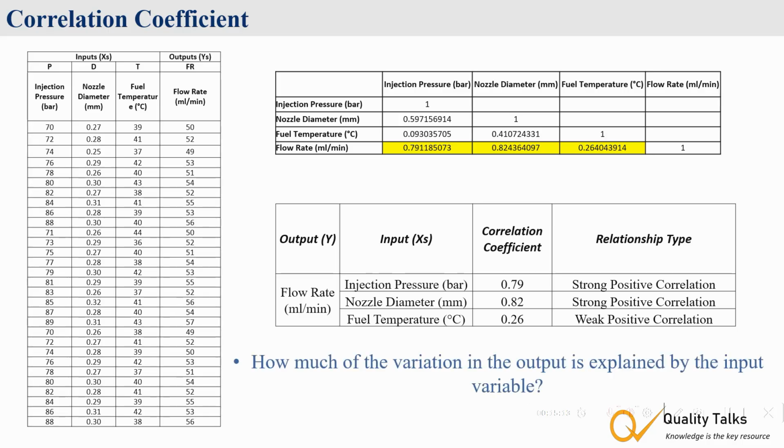Now the question comes, how much of the variation in the output is explained by the input variables? We know there is a relationship and a strong positive relationship, but how much of the output is explained by the input variable, that we want to know. We can get our answer by the coefficient of determination.